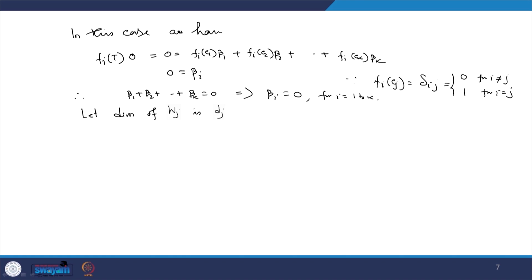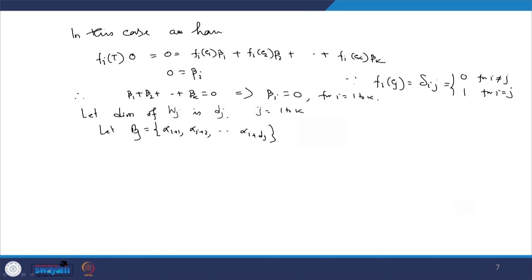Let the dimension of Wj be dj for j equal to 1 to k. Let Bj be an ordered basis.